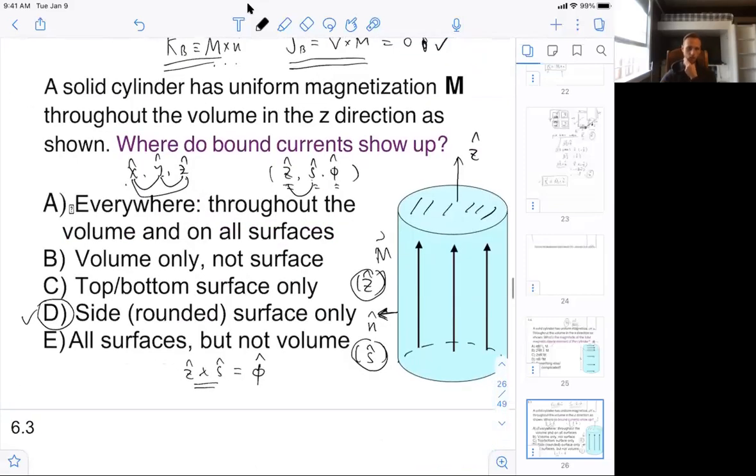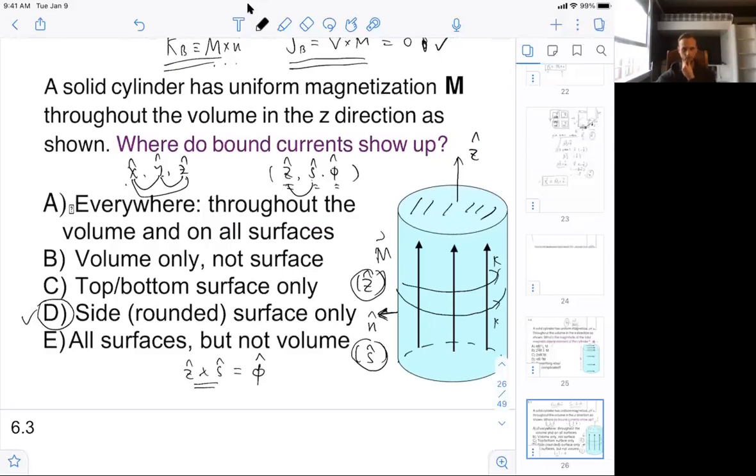So you can see if this makes sense to you: your bound currents are in the phi hat direction. If you have those currents running in that direction, what kind of B field is it going to give you, and in what direction? Your currents are curling around. If the forefinger is curling around, you have a B field pointing in the same direction as your magnetization.